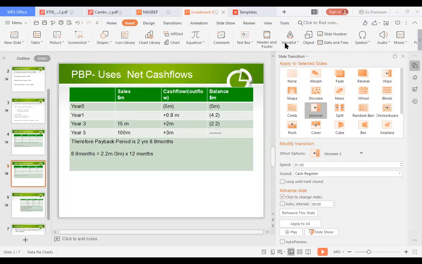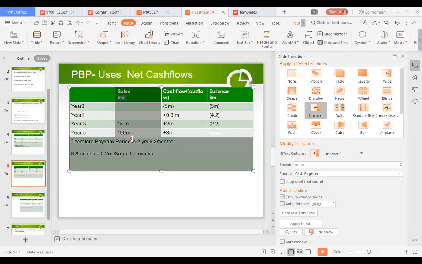Let me try to find ways of erasing this one. This column is not necessary. Let me format it and put it in white.